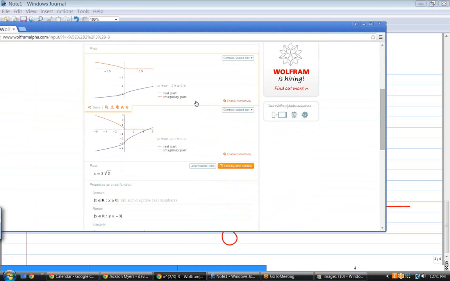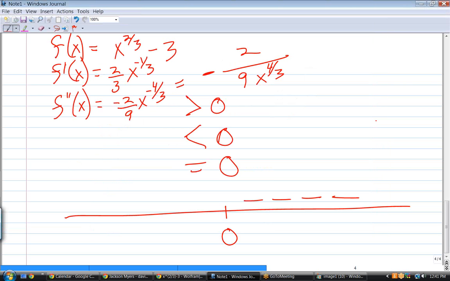According to this picture, when x is negative, it actually looks like it's concave up, which would mean it's positive. We can see clearly that when x is positive, it's concave down, which is what we came up with. And indeed it is concave up to the left of 0, well, then the inflection point is at 0, and that's where the second derivative is equal to 0.